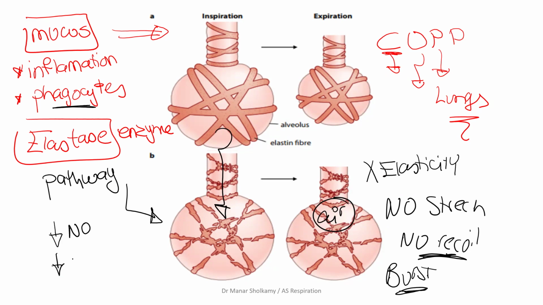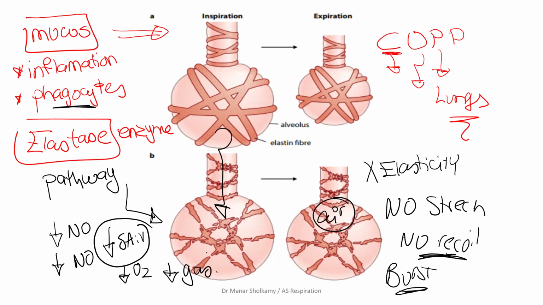Now, when it bursts, the alveoli will decrease in number. The capillaries will also decrease in number, so less alveoli, less capillaries, less surface area to volume ratio, less oxygenation, less gas exchange. Look at the sequence of events. Less breathing, less ventilation, difficulty in breathing.